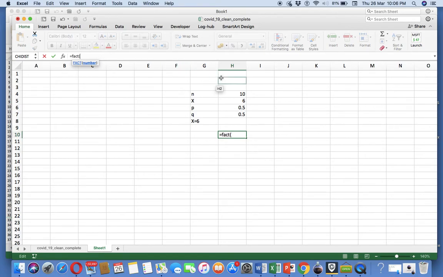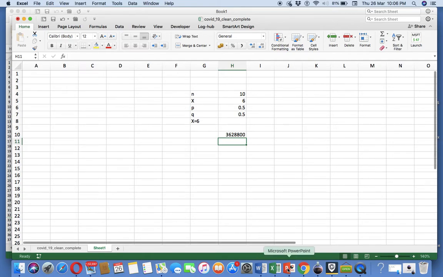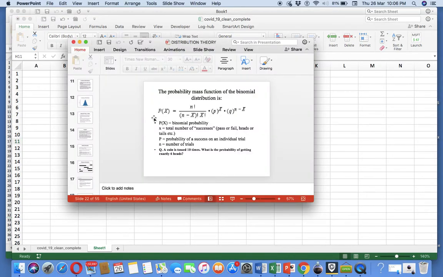Factorial 10. I'll do it in parts. That's the first part. Then the second part of the formula, which is n minus x factorial into x factorial.